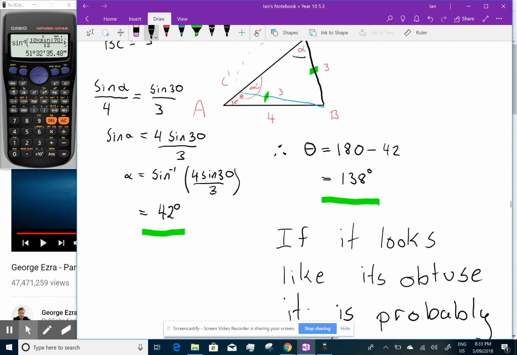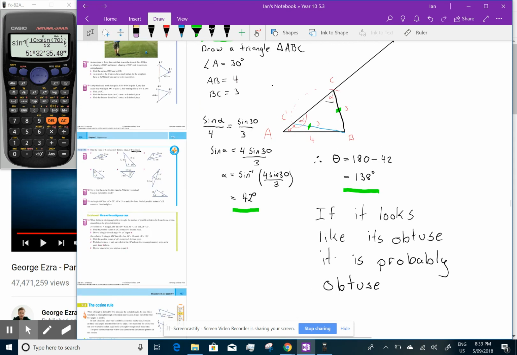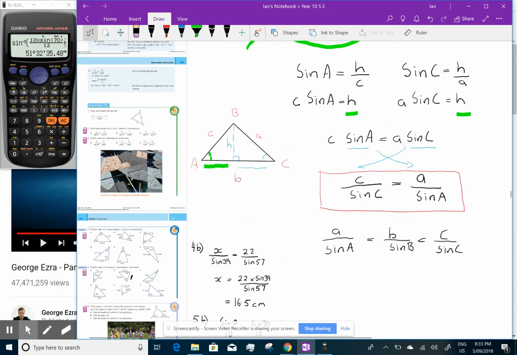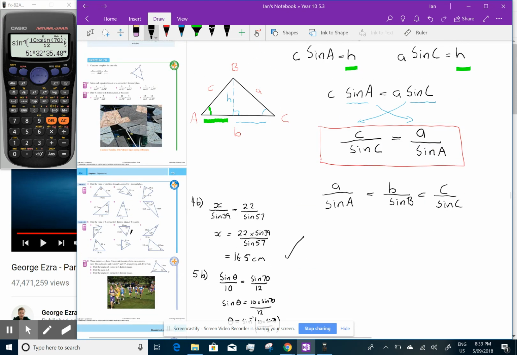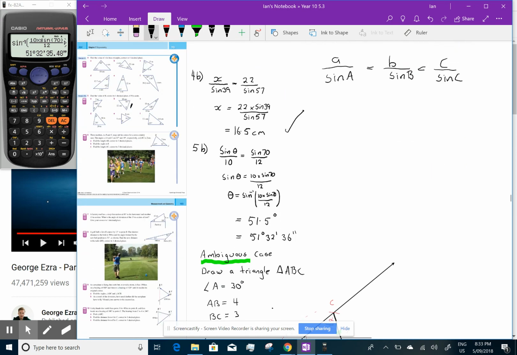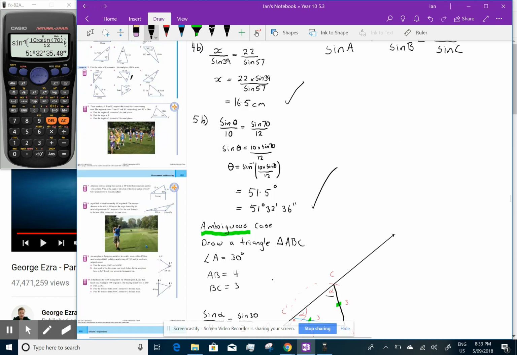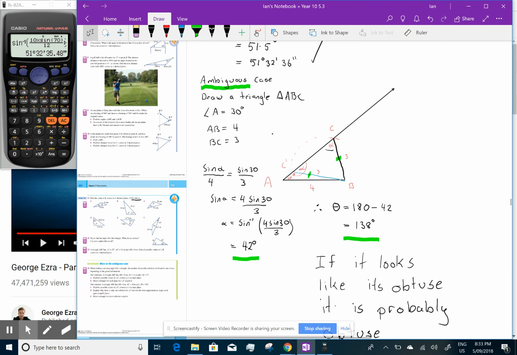So you'll just subtract it from 180 and you'll get the angle. So you need to make sure you can use the sine rule to find a side, use the sine rule to find an angle, and then if it's obtuse, subtract it from 180 to find the obtuse angle. Good luck.